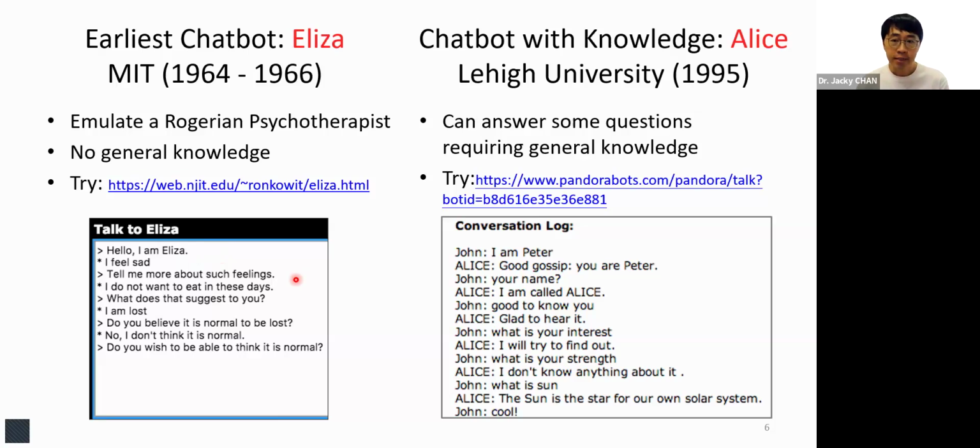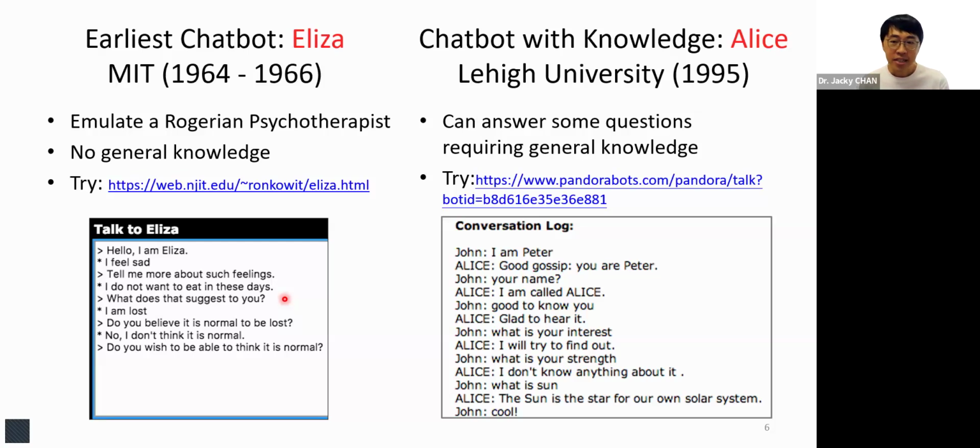But it also shows that Eliza is trying to engage with the user. And we have the user saying that I do not want to eat these days. And then again, Eliza tried to give a very general response. What does that suggest to you? You will say that, well, Eliza is trying to respond, but there's nothing in there. It just keeps the conversation moving, right?